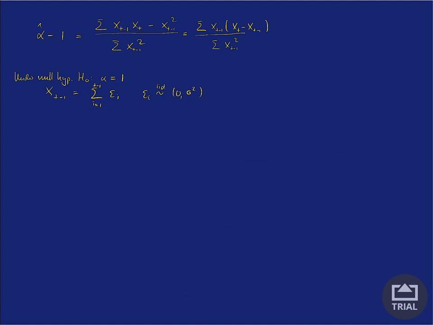So we have the sum divided by square root capital T, which we define as the process.